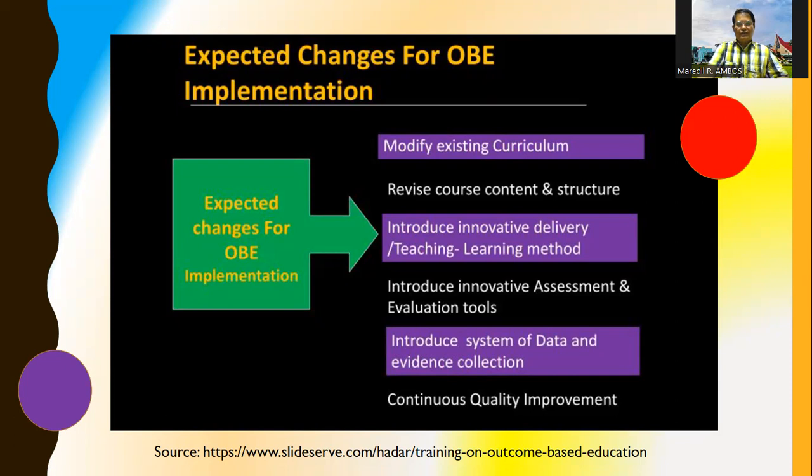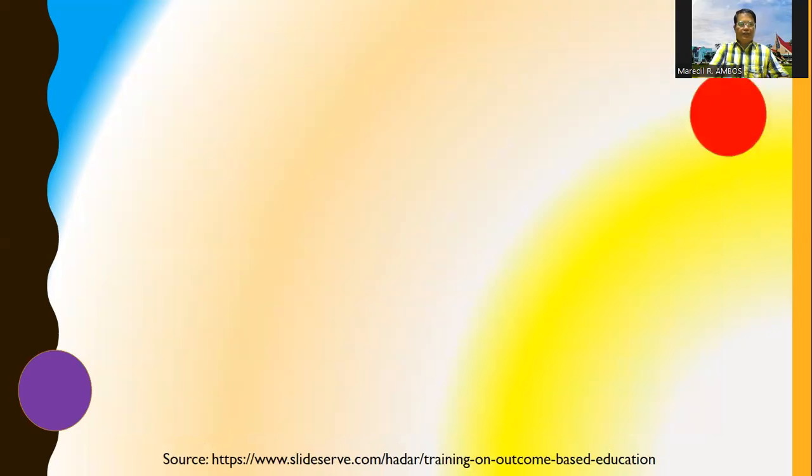Then we also introduce innovative delivery or teaching learning methods, and introduce innovative assessment and evaluation tools, and introduce systems of data and evidence collection. And the last is continuous quality improvement of our curriculum, so that we can have the changes with the OBE implementation that we have.